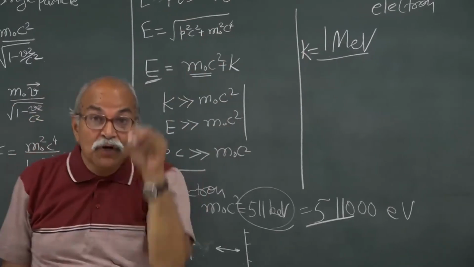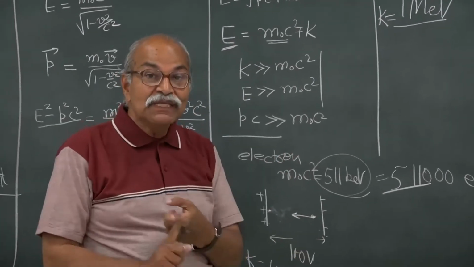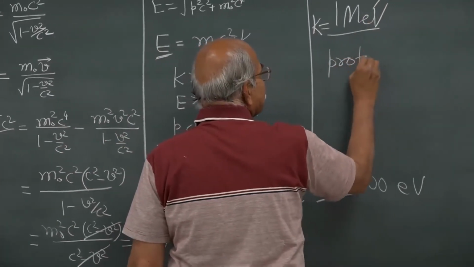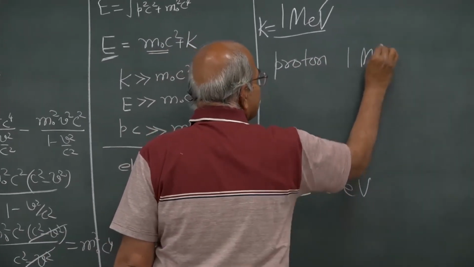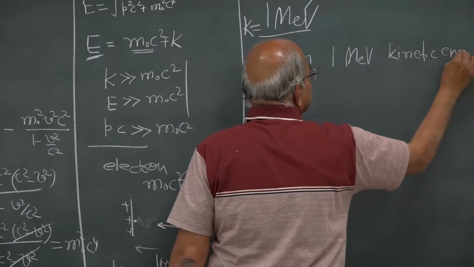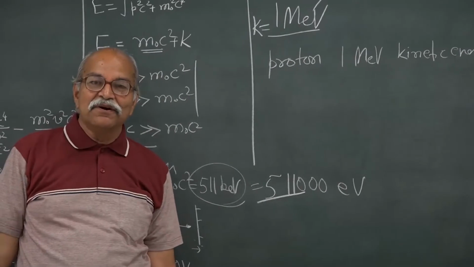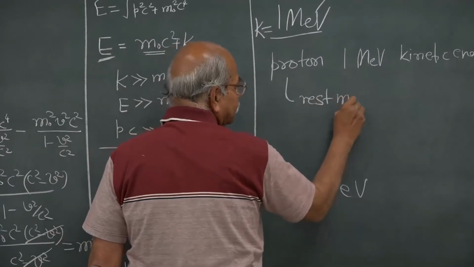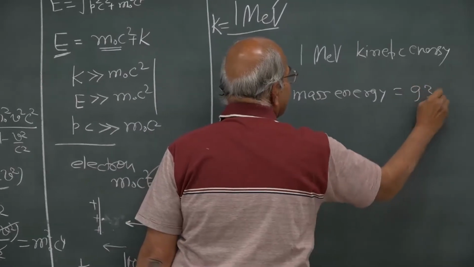But if you have a proton which goes through the same accelerator and the proton kinetic energy becomes 1 MeV. So instead of electron, if you have a proton going through that same 1 MV potential difference, and 1 MeV becomes the kinetic energy, you can still use Newton's laws because the proton rest mass energy is 938 MeV.